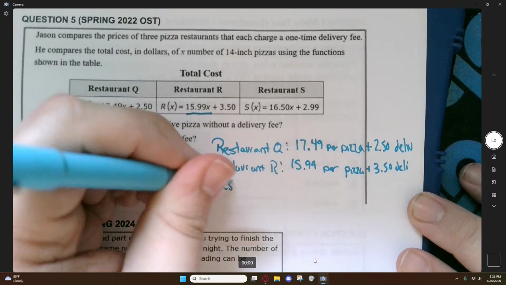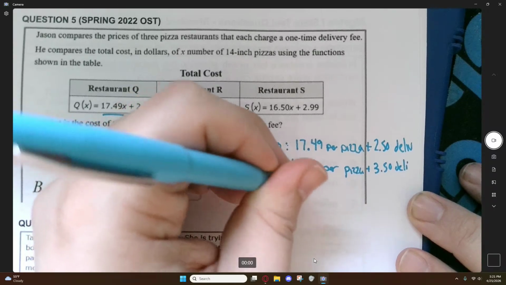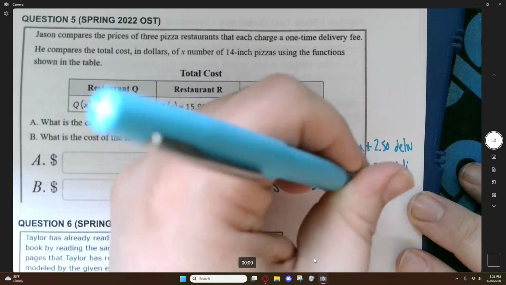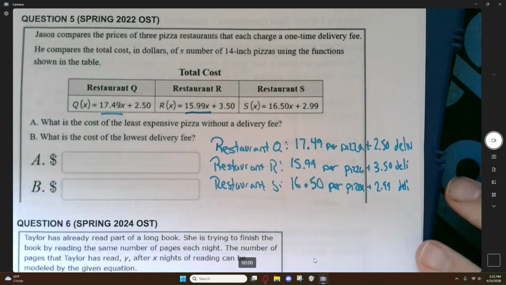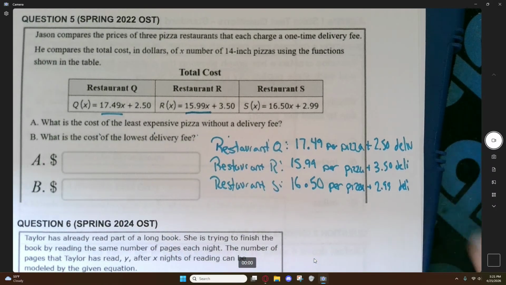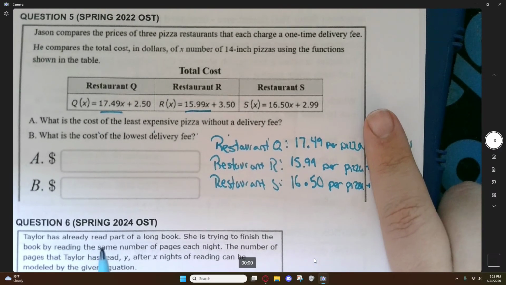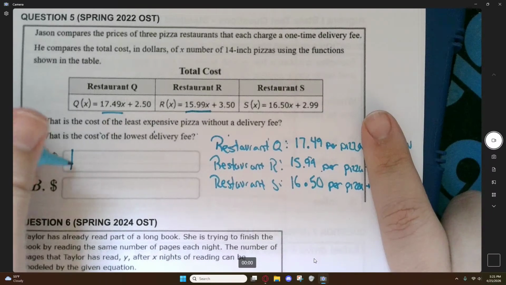Restaurant S charges $16.50 per pizza plus $2.99 delivery. So it's asking, what is the cost of the least expensive pizza without a delivery fee? That means ignore those delivery fees. What is the cost of the least expensive pizza? It's restaurant R's at $15.99.